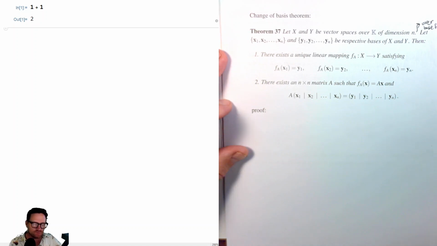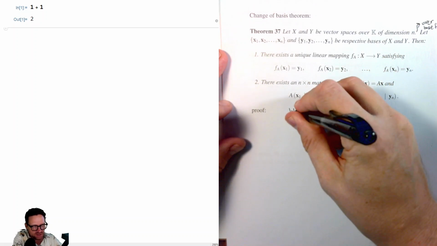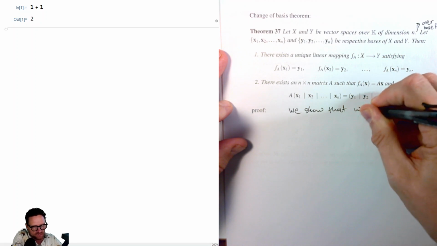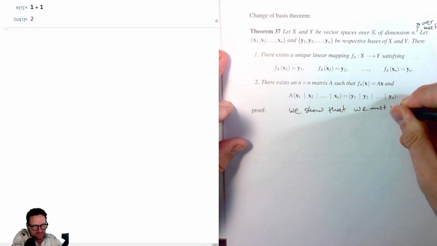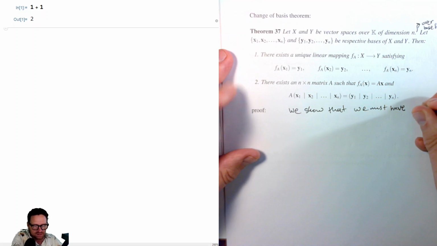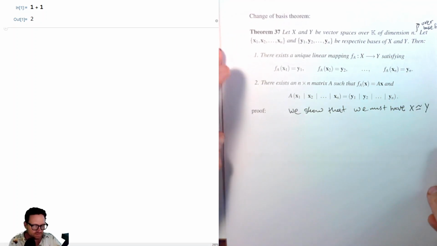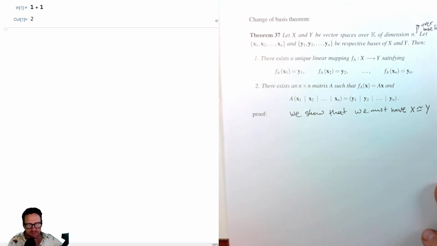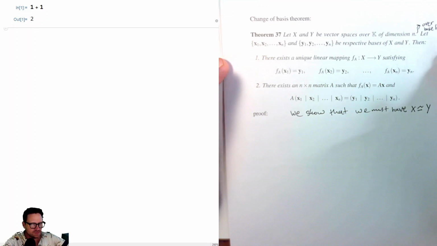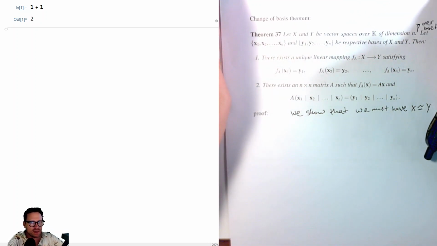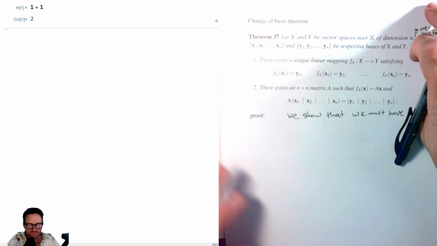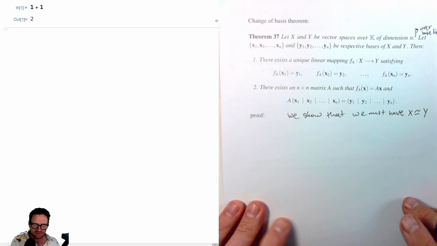Okay, so what we're going to show is that we must have a vector space isomorphism. So we have a linear map such that the kernel of that linear map is trivial. All right, but let's look at the details.